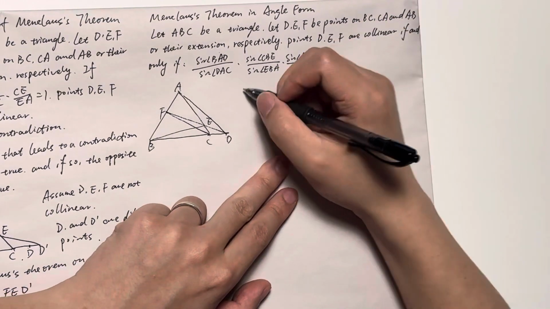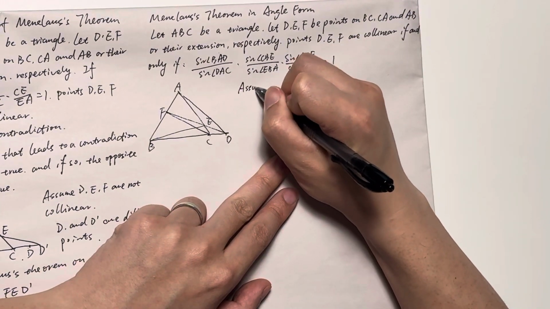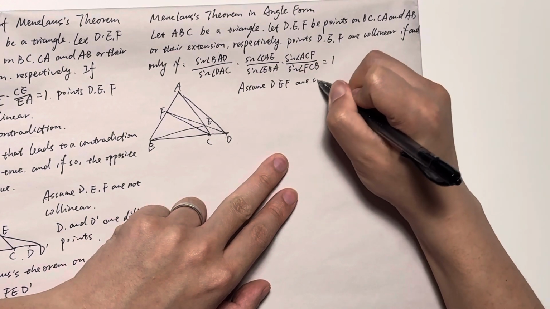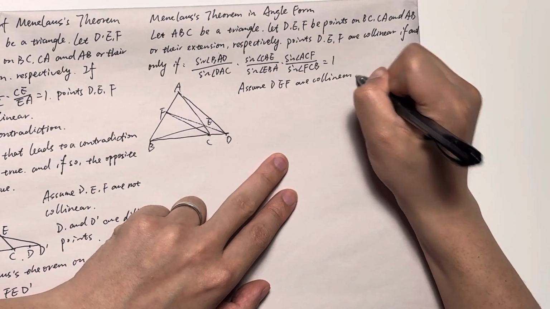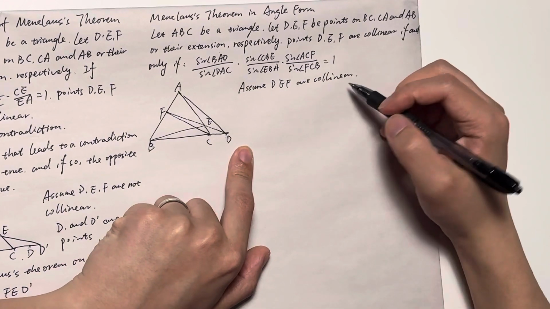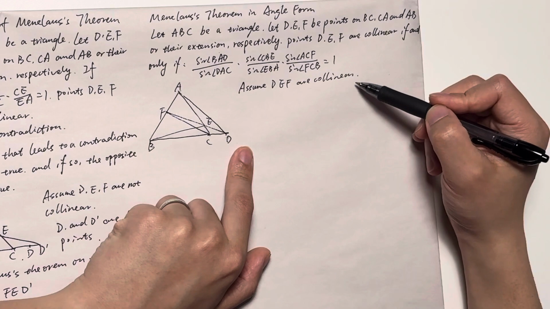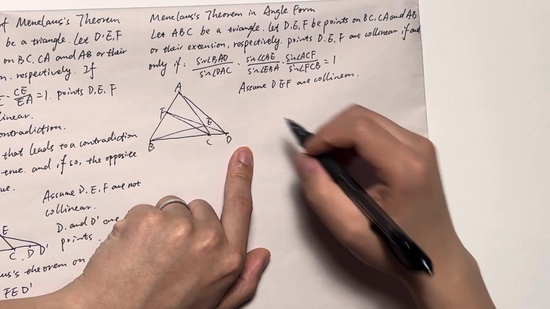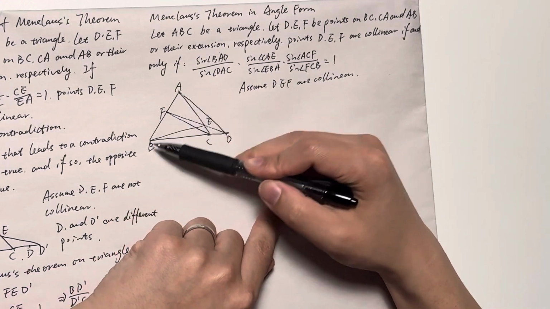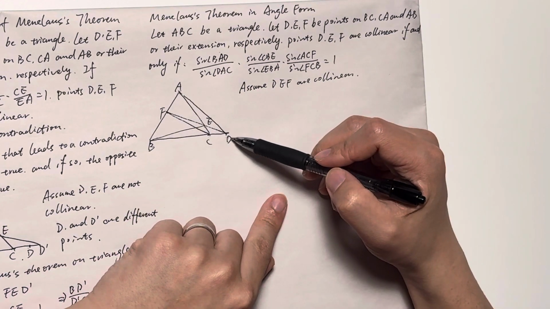So let's do this, we assume D, E, F are collinear, right? So we want to prove this is true. If D, E, F are collinear, then we know we can use Menelaus theorem on the triangle ABC and line DEF.